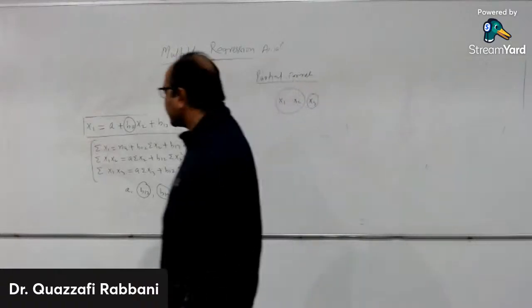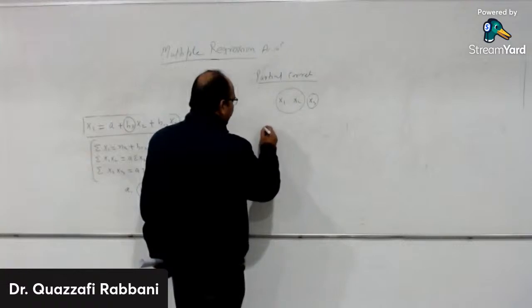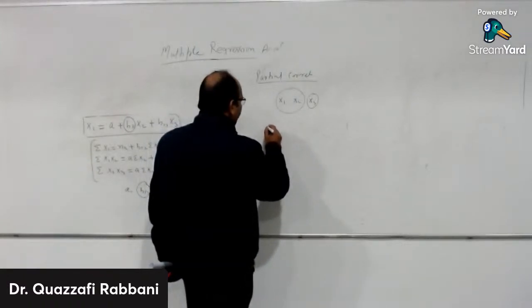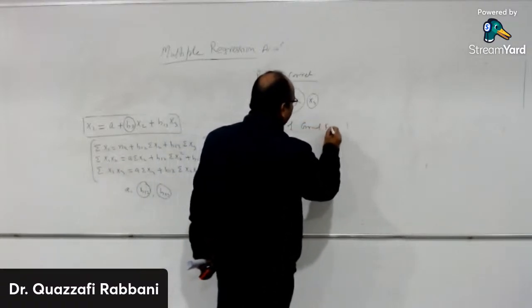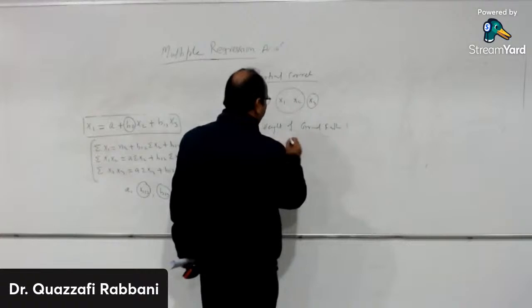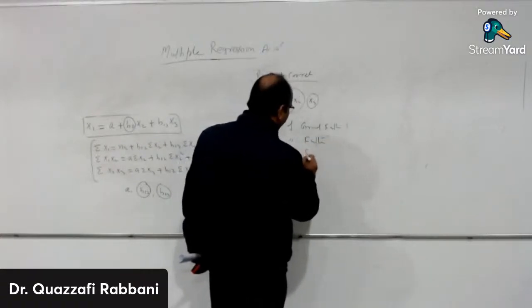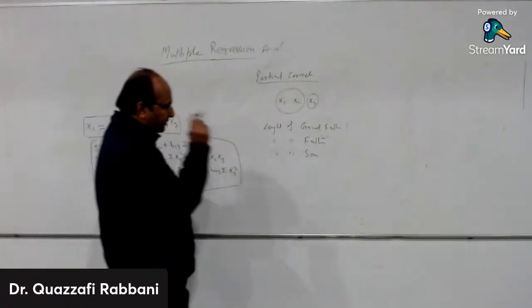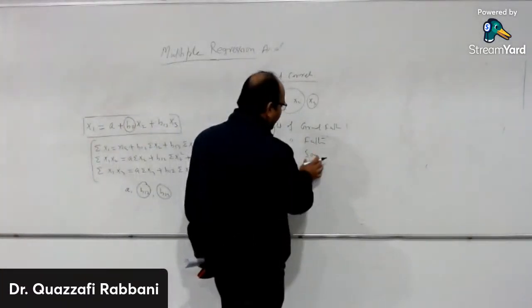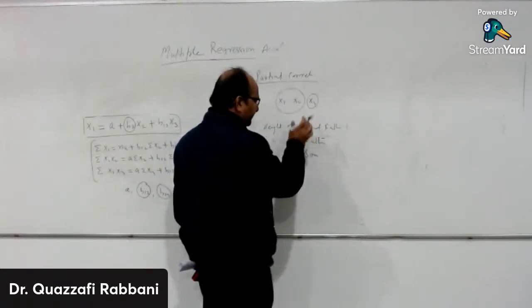One variable is fixed. For example, suppose we have data like height of grandfather, height of father and height of son. Now the height of son will depend on the height of father as well as the height of grandfather.